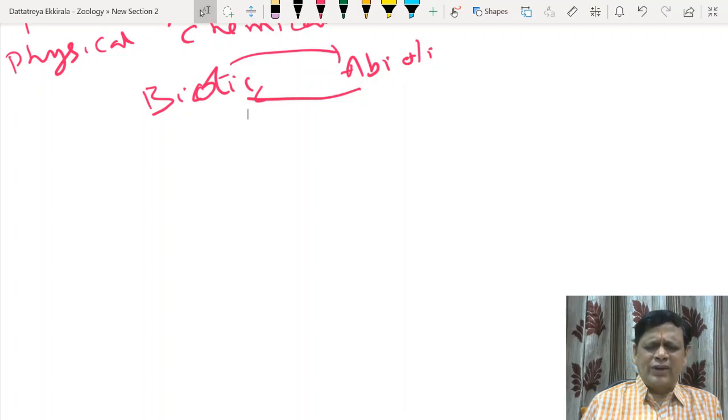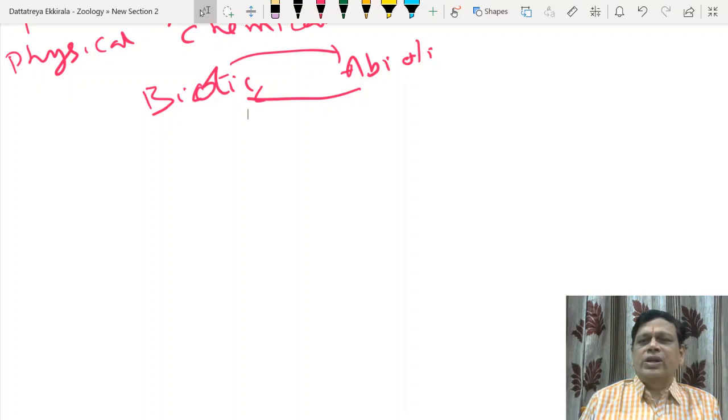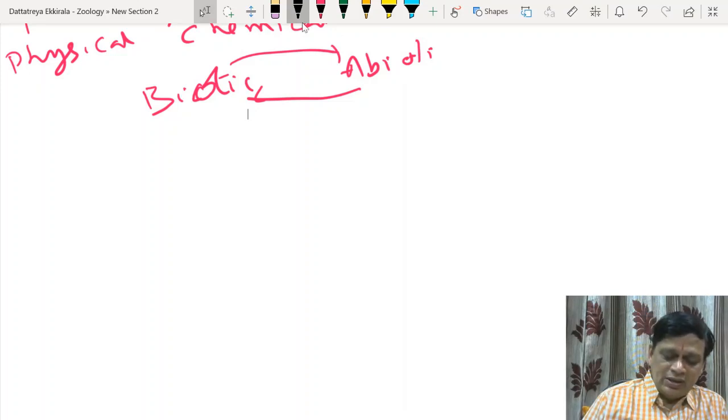So, abiotic factors, I am not going to discuss much on this, because there are many memorizing things here that you have to go through in the book, right? So let us just quickly say, light is very important: photosynthesis, essential for vision, behavior. So these are all influenced by light.